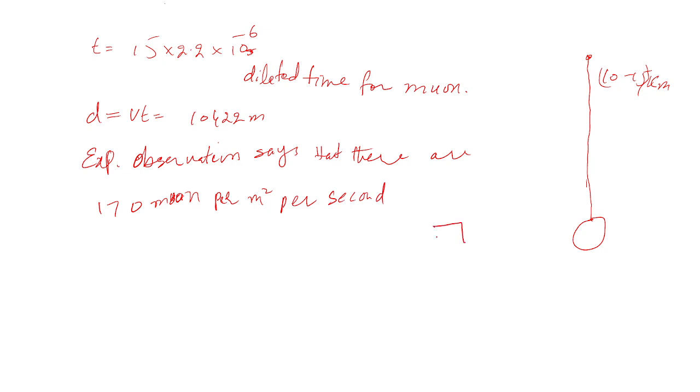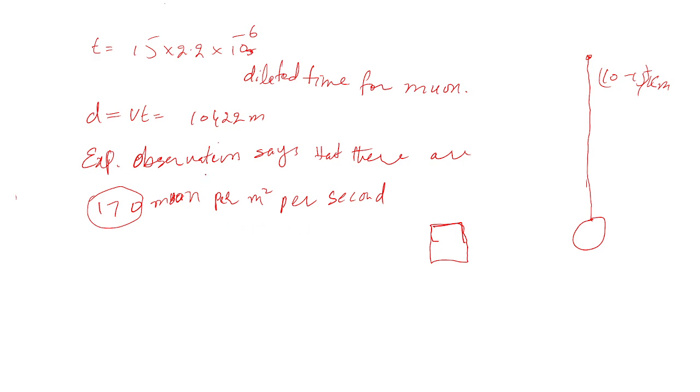So in a one meter square region, 170 muons are observed experimentally. So if the muon covers this distance, then it will be destroyed very early, and we will not be able to observe this many muons per meter square per second.